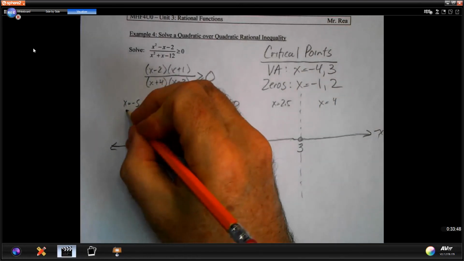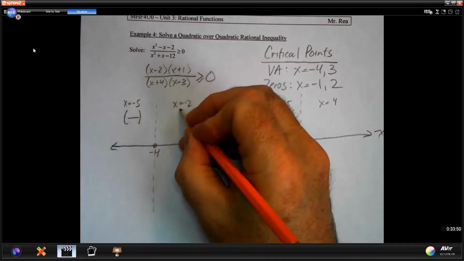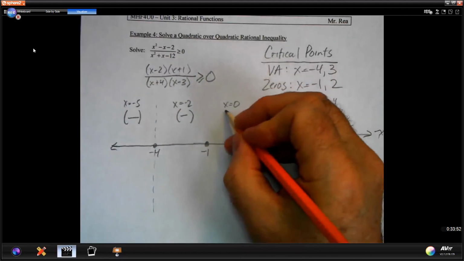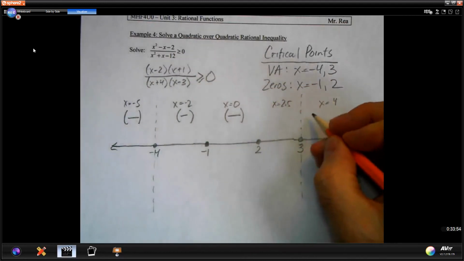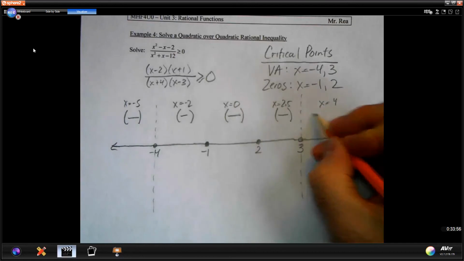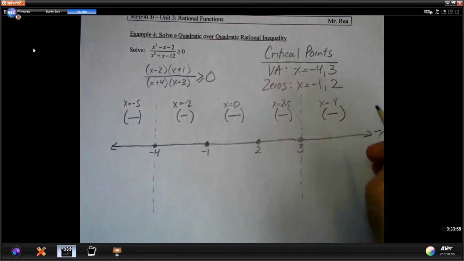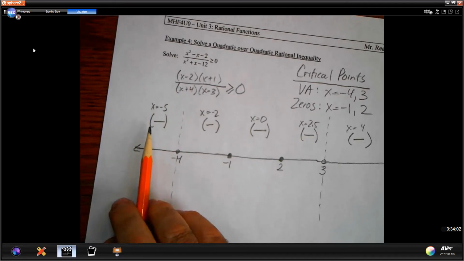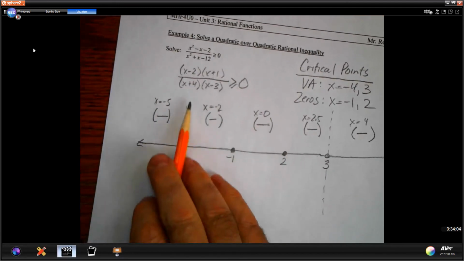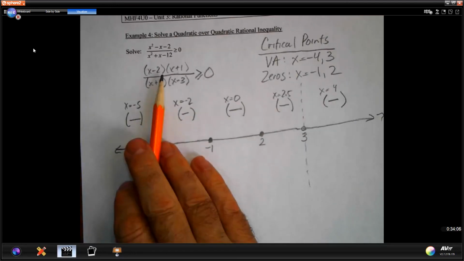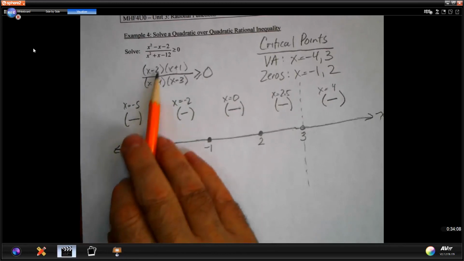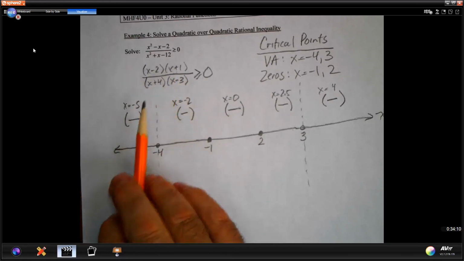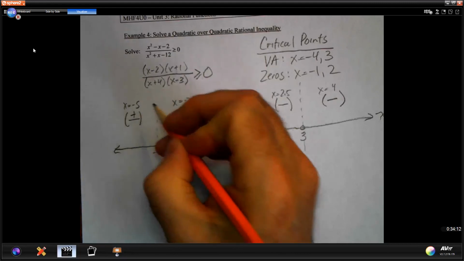Okay, so again, all I'm going to do here is determine the overall sign of the function at these test values. I'm going to look at the numerator separately and then the denominator, just to simplify the work a bit. So if I plug in -5, I get negative on the top, so that's positive.